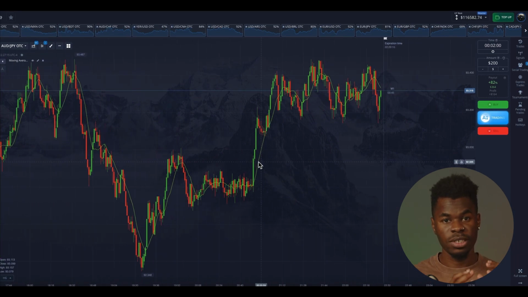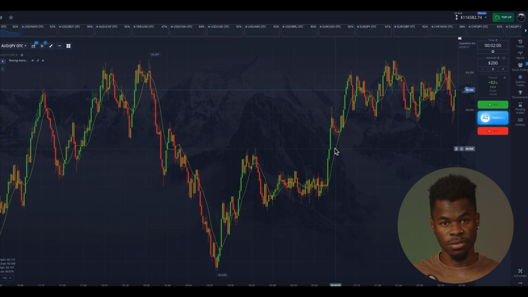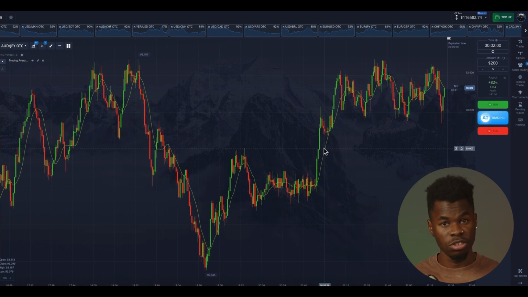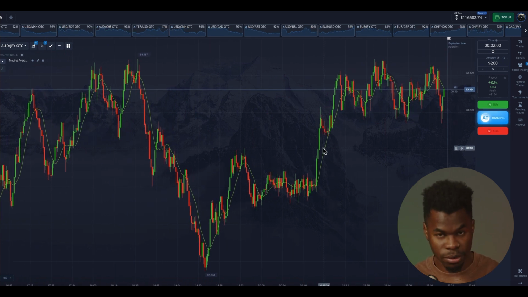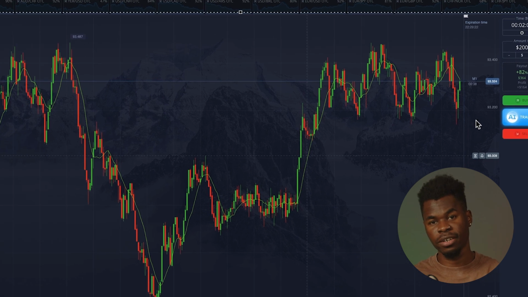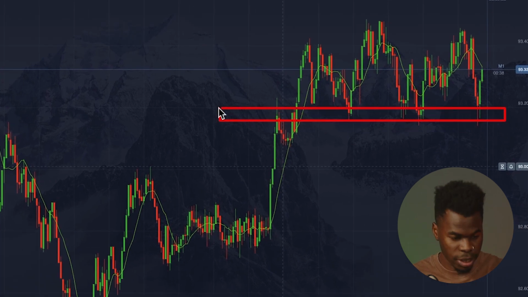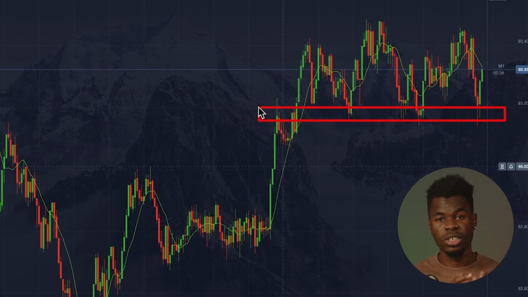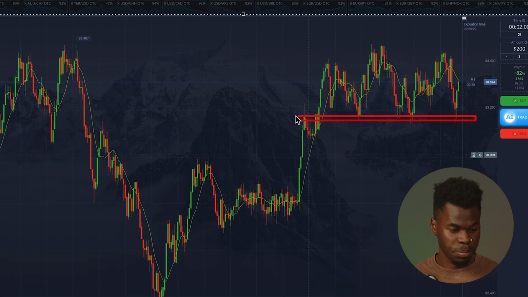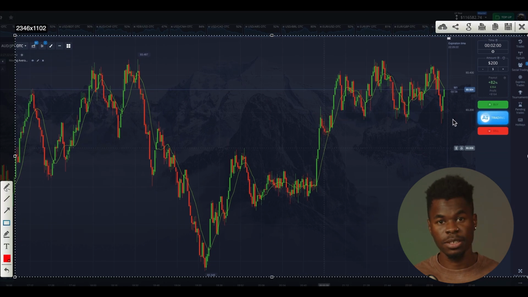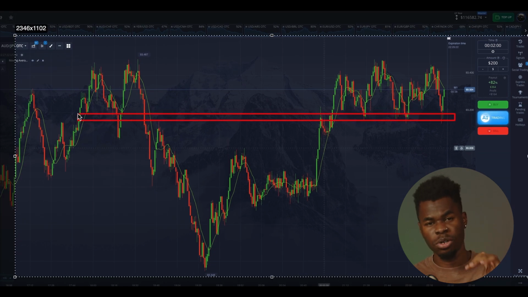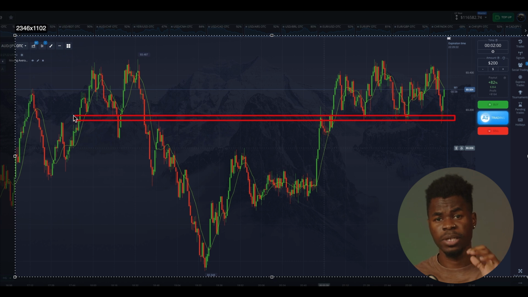What's immediately noticeable? There is no strong trend, neither up nor down, guys. So this is already an advantage. We see a strong support level right here, which I will mark now. It's better to highlight a broader support zone to understand the bigger picture.